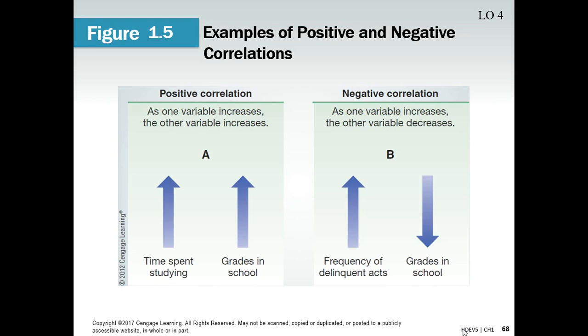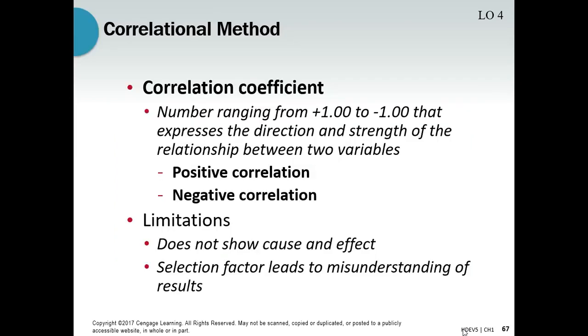We don't know, and we cannot know the answer to that question just by doing a correlation. The correlation only tells us that the relationship exists, not what causes it. Let me just hit here limitations. You always want to remember that correlations do not determine causation or causal effects, right?